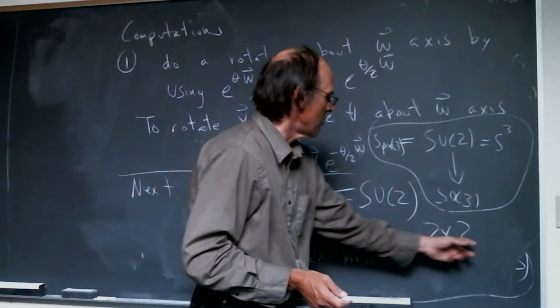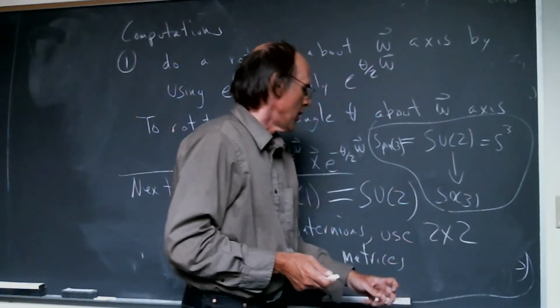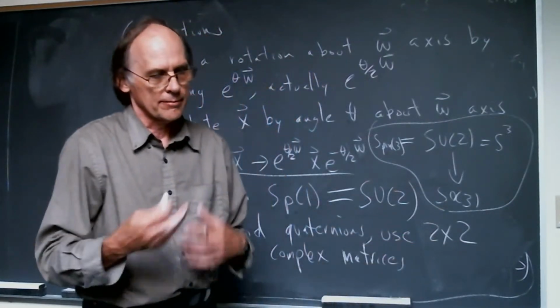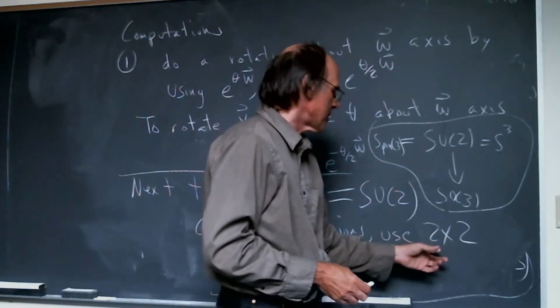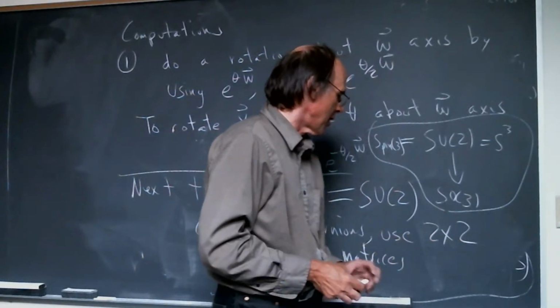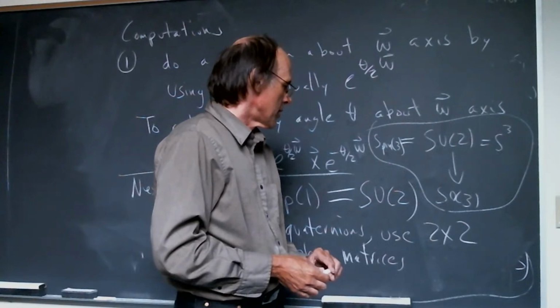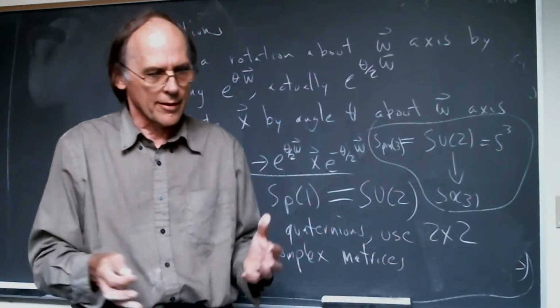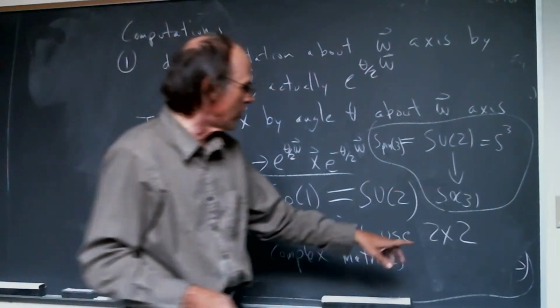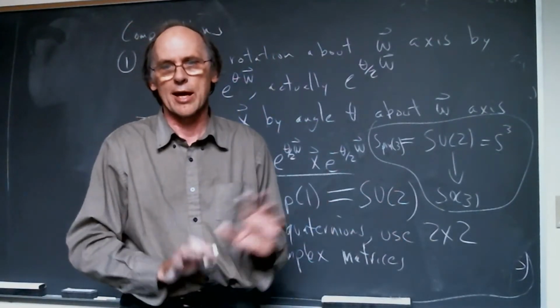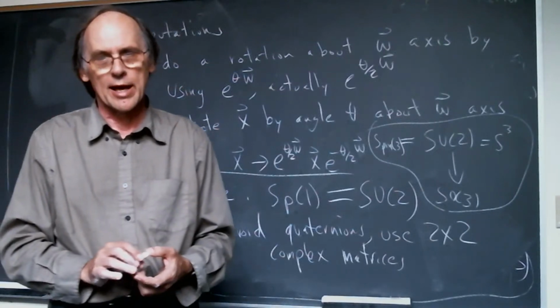There's less of an argument about why you want to use SU2 matrices. I would say that some of that is actually just that people never learned about the quaternions. They never learned about this in their linear algebra class, but they did learn about 2x2 matrices, so they're happy doing that.